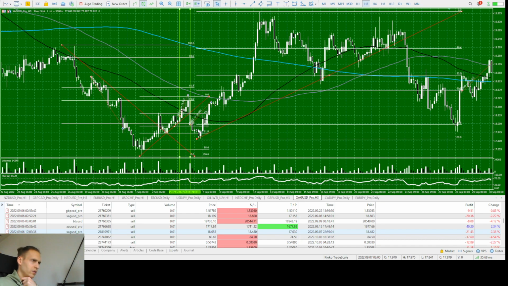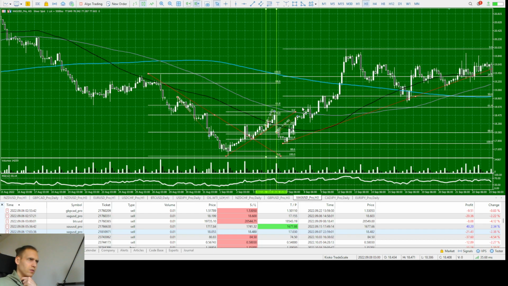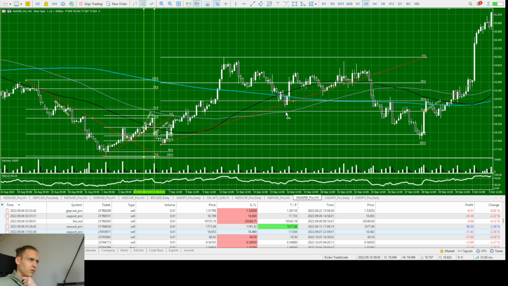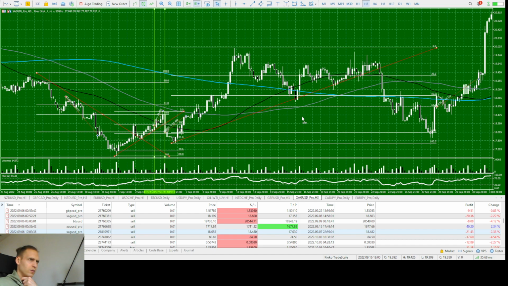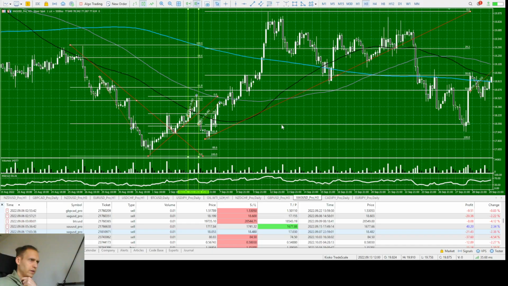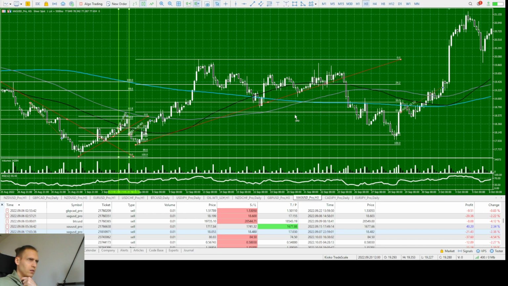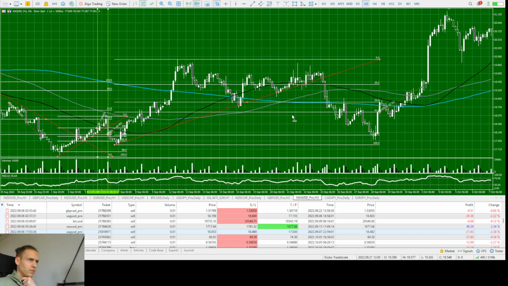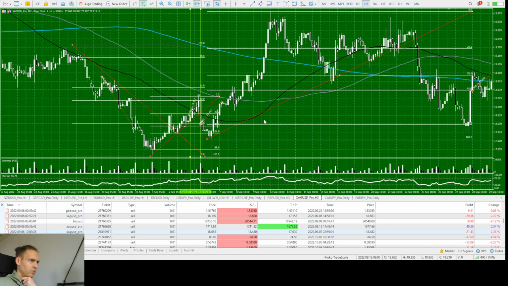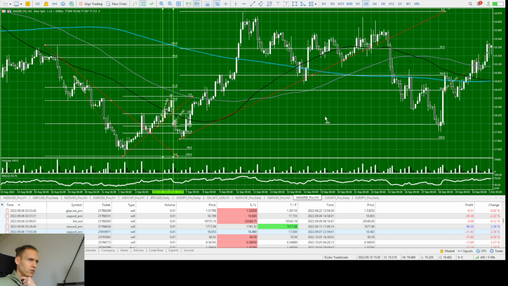And again, this was a reversing structure on a silver. Silver is a little bit different than other pairs, but it doesn't mean it doesn't respect fibs and market structure. It does.